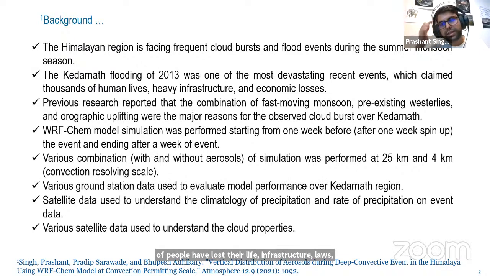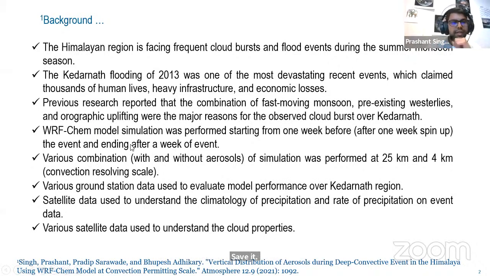So many studies explained the impact of westerlies and monsoon over the Kedarnath flood. But I wanted to check what happens with the aerosol during this event. So we worked with the WRF at different scale.